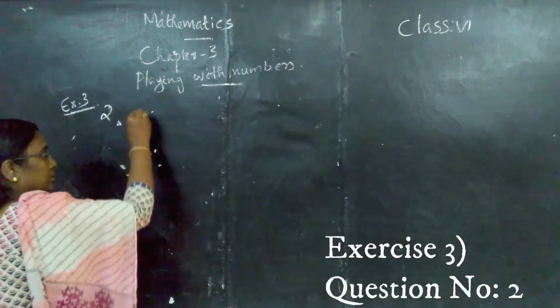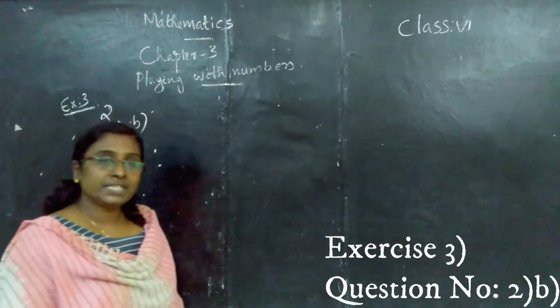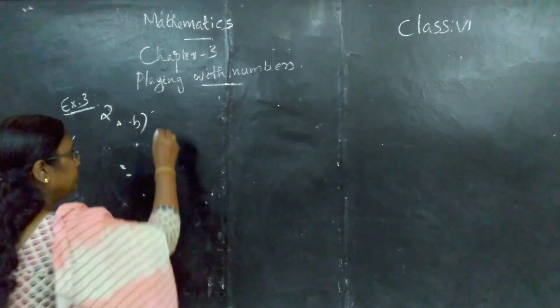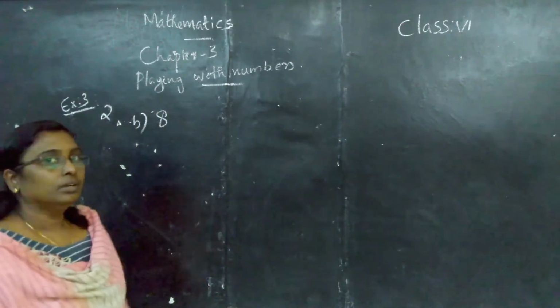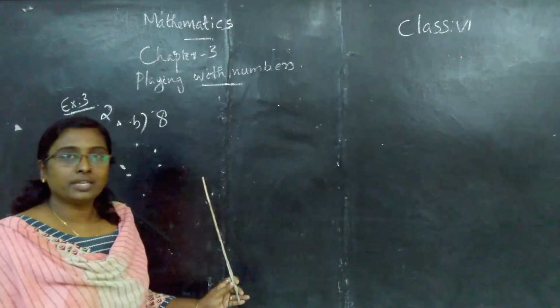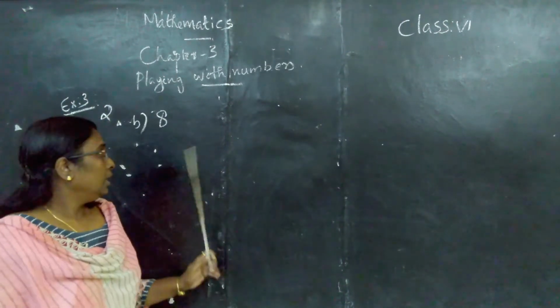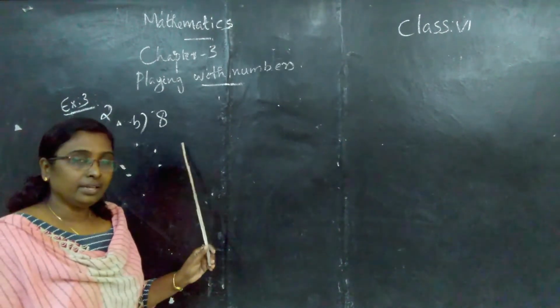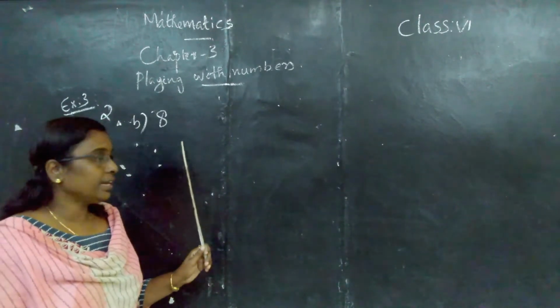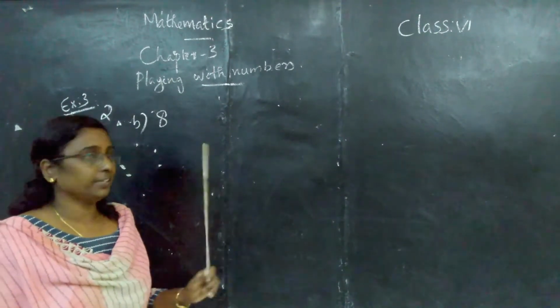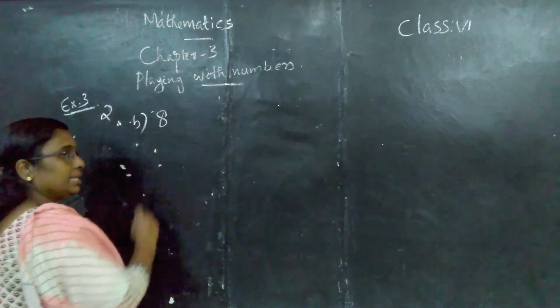The next one, find the first 5 multiples of 8. What are the first 5 multiples of 8? How do we obtain them? It is obtained by multiplying the given number with 1 to 5. The given number is 8.